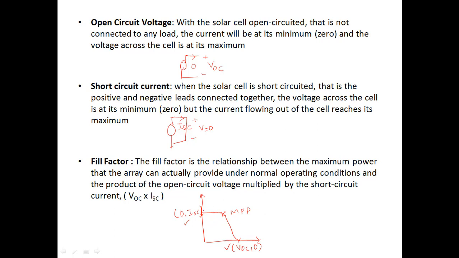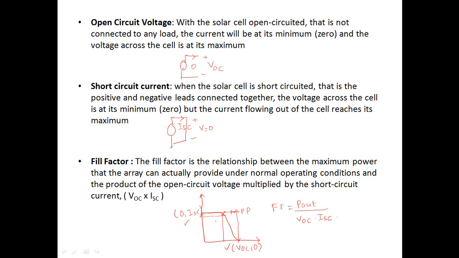So the fill factor basically describes the relationship between the maximum power that the solar cell can produce to the product of the open circuit voltage and the short circuit current. So from this, when we see it, it's basically this area over this area. So higher the fill factor, the higher power the solar cell can provide.